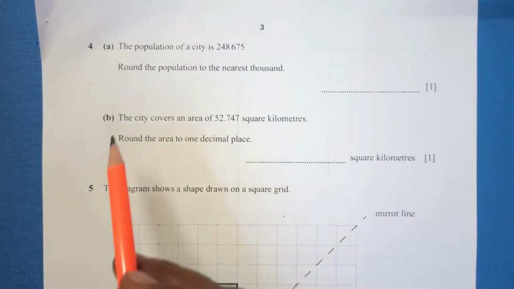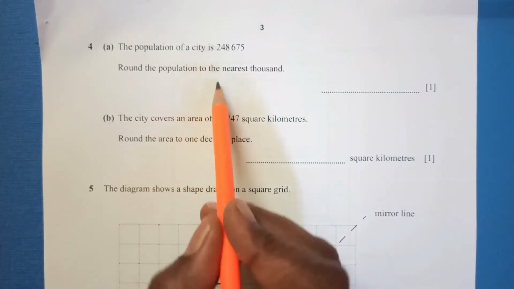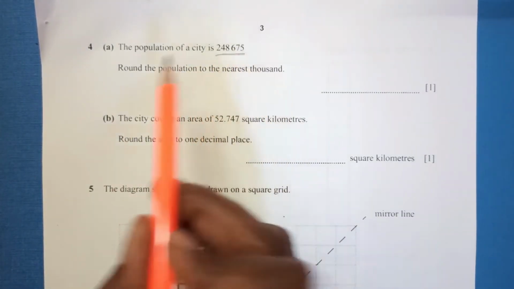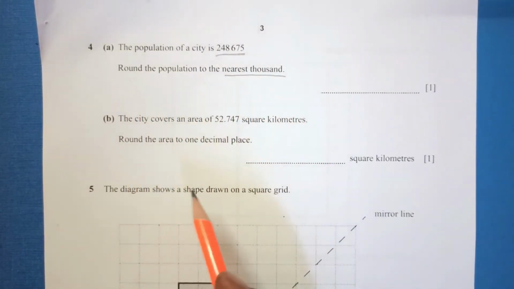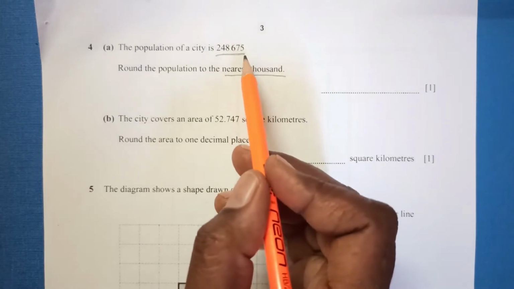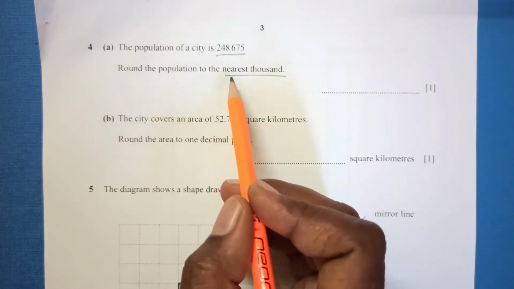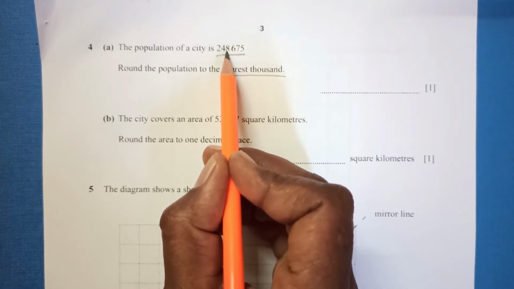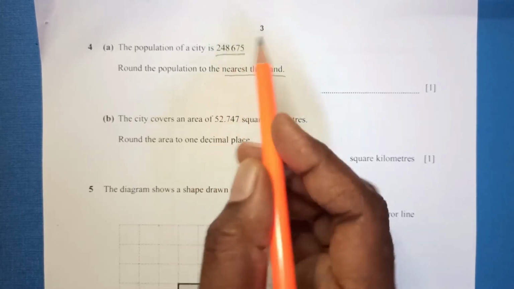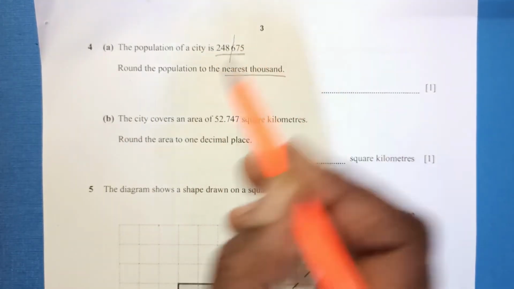Question 4. The population of a city is given to us. Round the population to the nearest 1000. So we have to round it to the nearest 1000. Let's say first the position of the 1000: ones, tens, hundreds and thousands. So we need to see the number next to this.